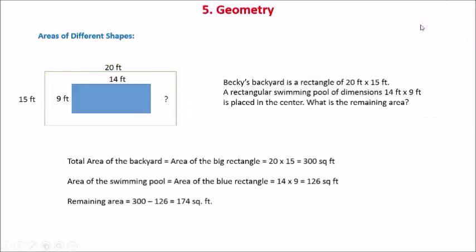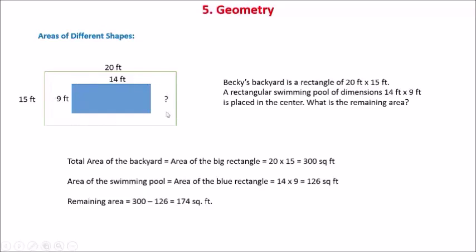Let's do another example. Becky's backyard is a 20 feet by 15 feet rectangle. In the middle, she has a rectangular swimming pool, 14 feet by 9 feet. What is the remaining area, this white area here?